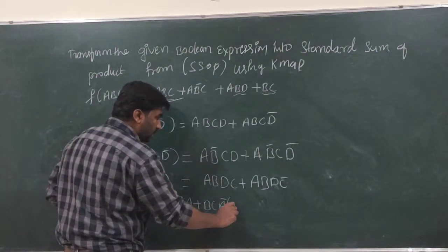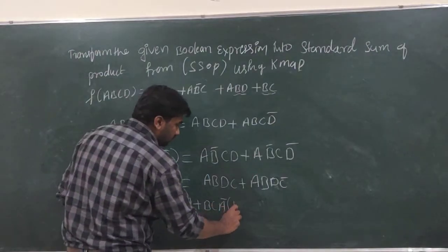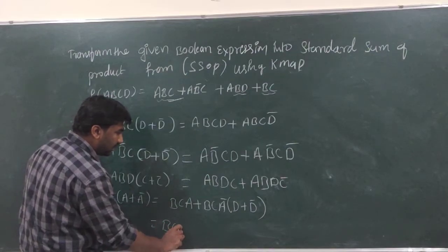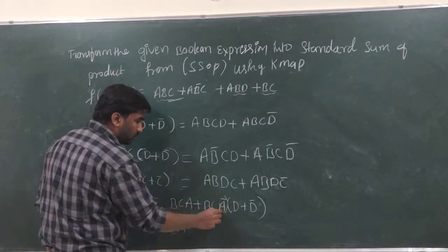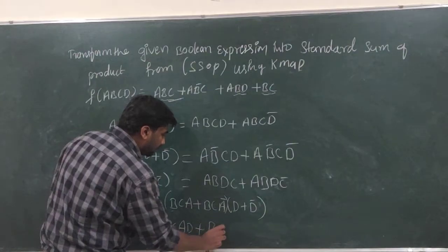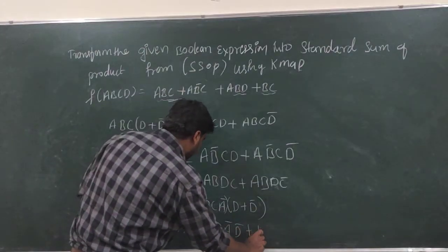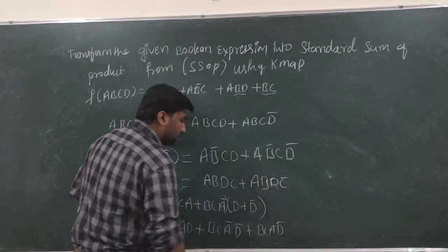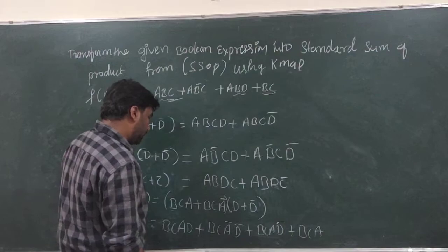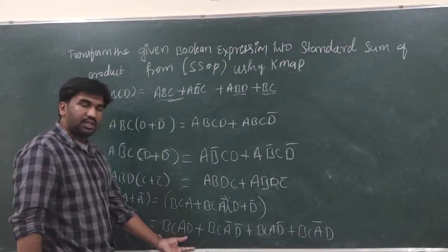For this I am multiplying the other missing variable D or D bar, which is D plus D bar. So B, C, A into D plus B, C, A bar into D bar, plus B, C, A, D bar, plus B, C, A bar, D. So this is the term we are getting.